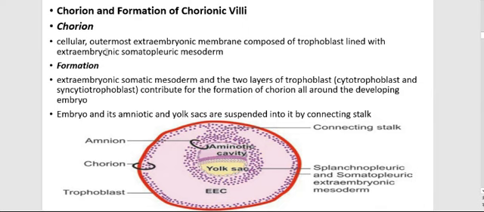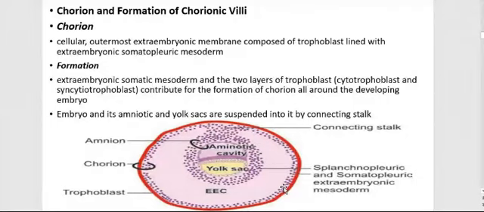How is the chorion formed? Formation of the chorion. Remember in the second week, we saw the extra-embryonic mesoderm coming to lie in between the trophoblast and the bilaminar embryonic disc.